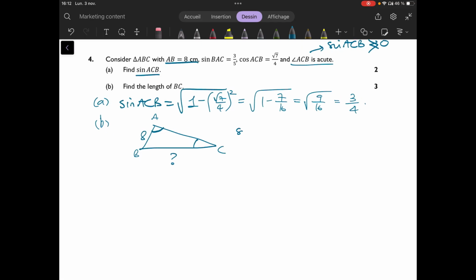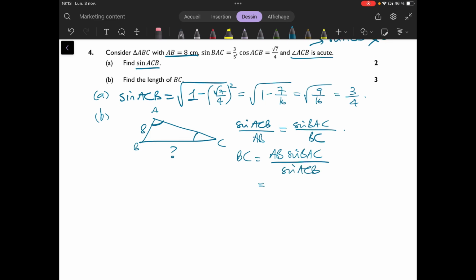So, sine of ACB divided by AB is equal to sine of BAC divided by BC. BC is therefore, and now we just need to plug in the values that we have found.